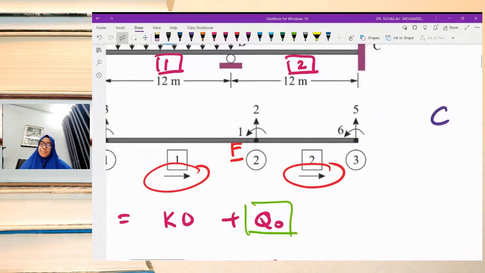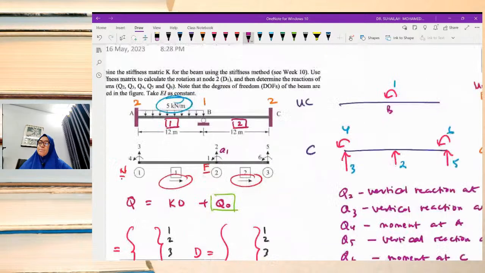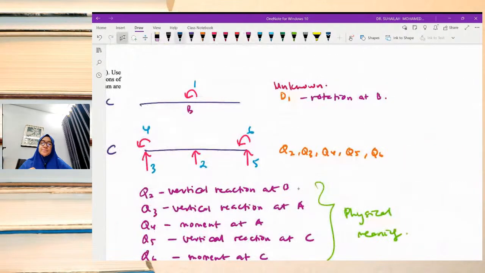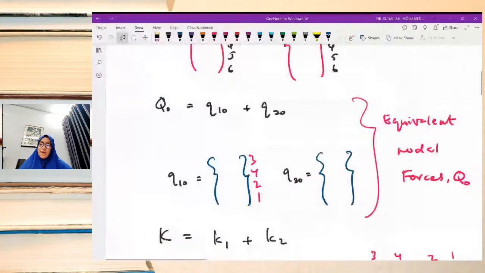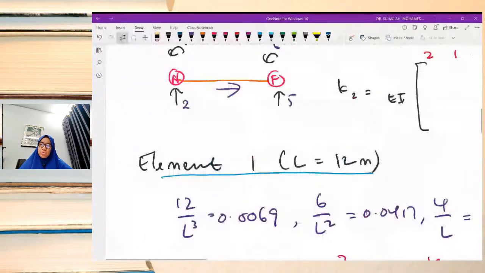Q1 means the moment at node 2, the moment at B. And from the question there is no moment, which means that the value is 0.